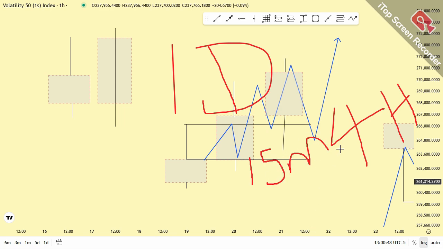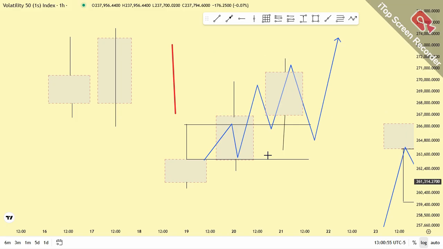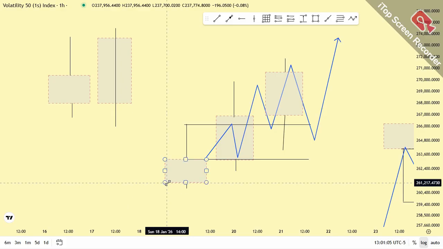So these time frames that I use are basically just for identifying those key levels, and then framing my setup from there.